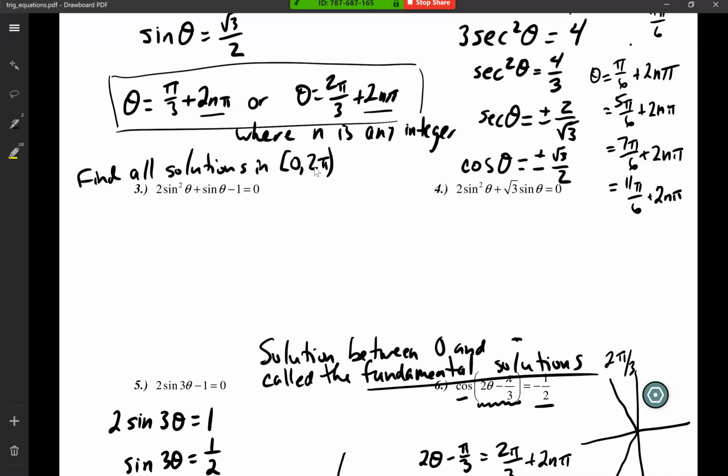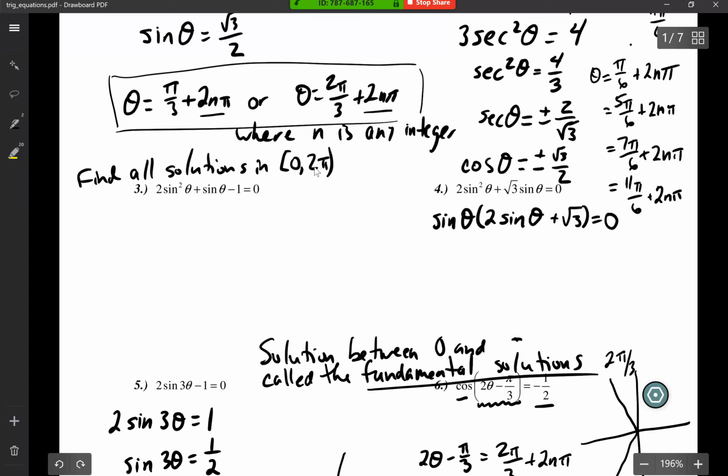Notice that both terms have a sine in them, so I'm going to factor out a sine theta. In the first term, when we factor out one of the sines, we're left with 2 sine of theta, and in the second term, we're left with plus root 3. So we have sine of theta times (2 sine theta plus root 3) equal to 0. Now that we have a product equal to 0, just like in past classes, you can set each piece equal to 0.